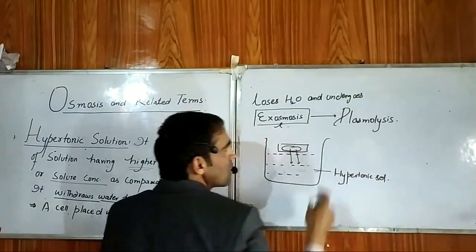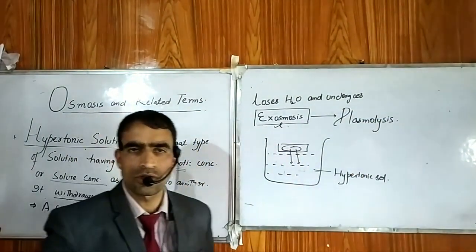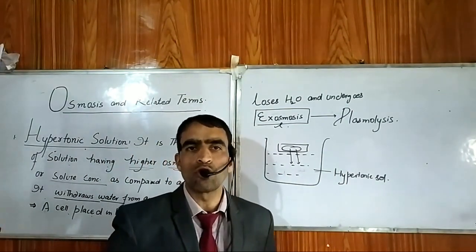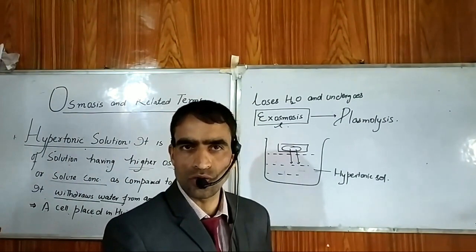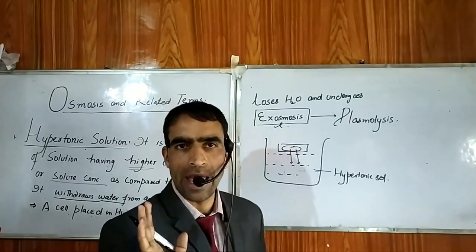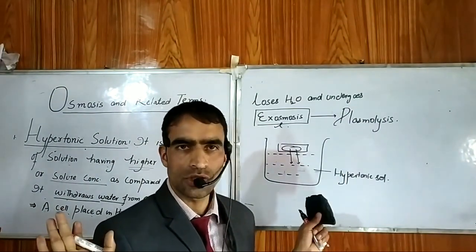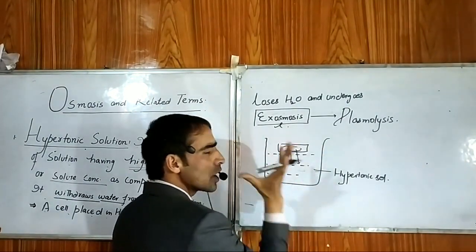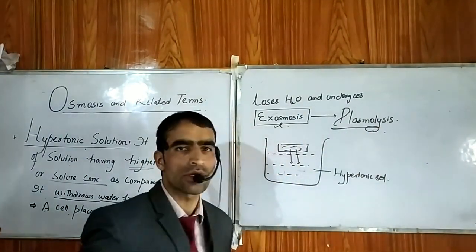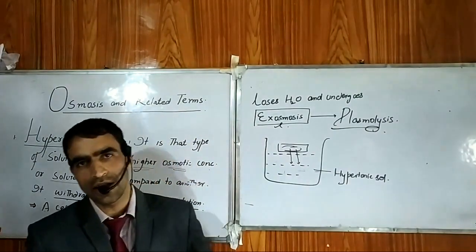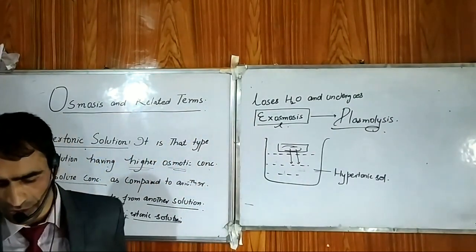This is what is called plasmolysis. So your question is: whenever a plant cell is placed in hypertonic solution, it undergoes exosmosis, it loses water, there is shrinkage of the protoplasm of this plant cell, that means it shows the signs of plasmolysis.